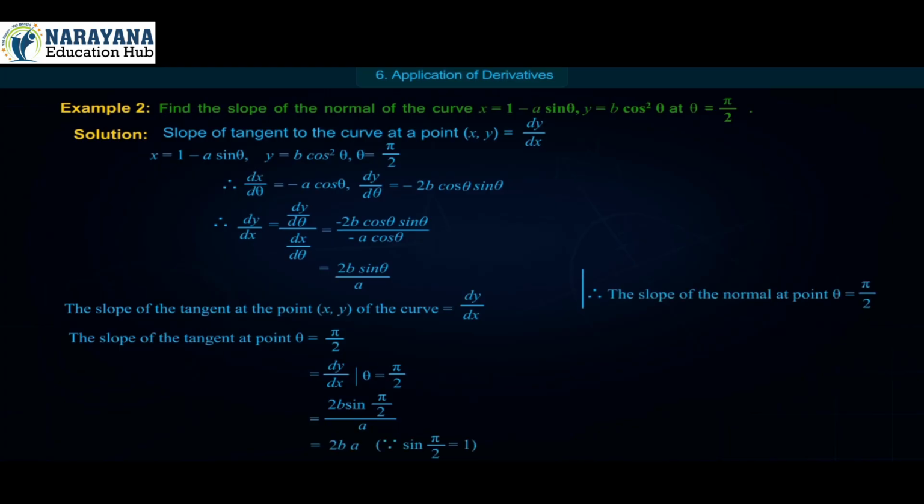Therefore, the slope of the normal at the point theta is equal to pi by 2 is equal to minus 1 upon slope of tangent is equal to minus 1 upon 2b upon a is equal to minus a upon 2b.